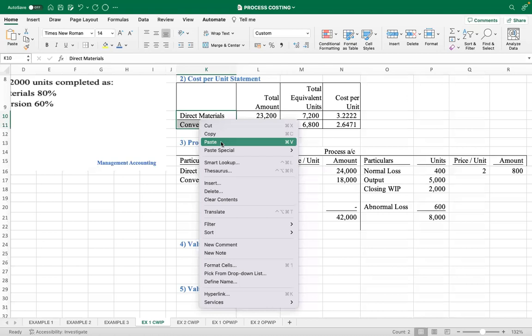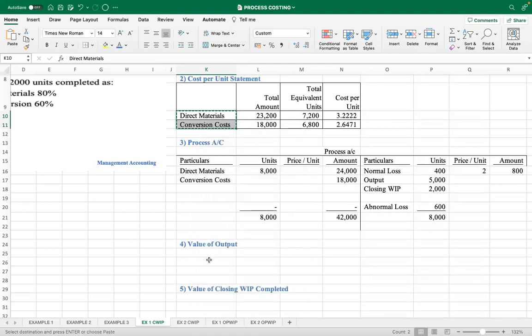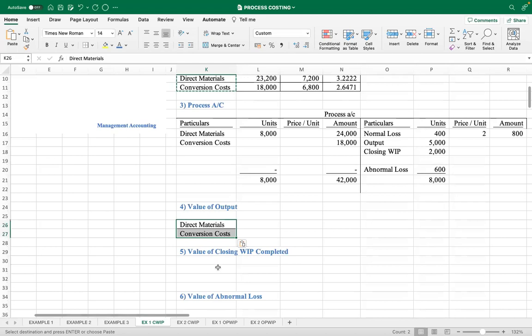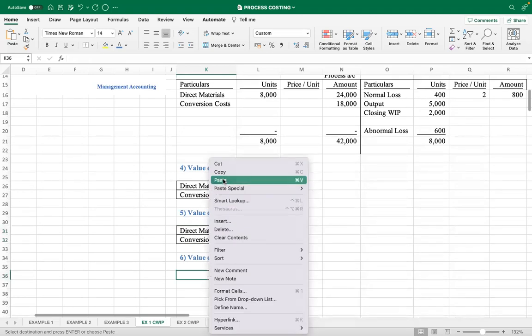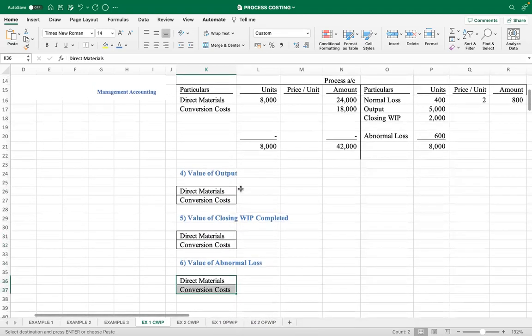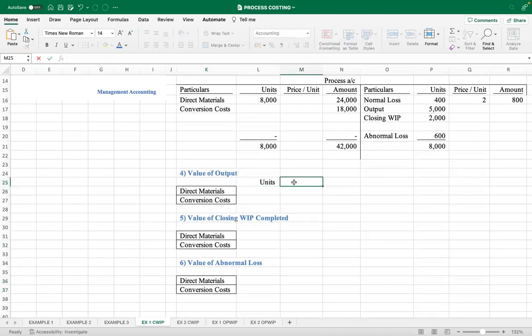We see how it is. So I'll come and post here. I'm just posting those direct materials and conversion. Now, value of output, of course, you will show what are the units of output and what is the cost per unit. And after you get cost per unit, it gives you the total amount.